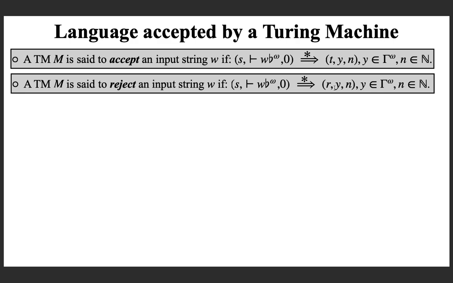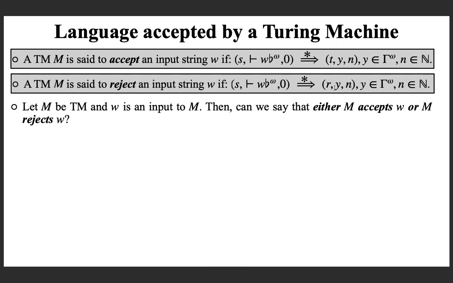And now we can ask an interesting question. Let M be a Turing machine and W an input to M. So we are given a Turing machine M and an input W to M. Then the question is, can we say that either M accepts W or M rejects W? So what do you think? Given a Turing machine M and a string W, can we always say that M accepts W or M rejects W?